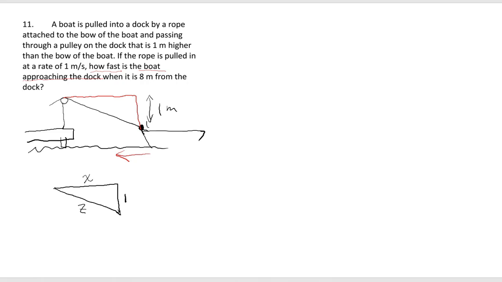All right. Now we have this right triangle, and dz/dt is 1 meter per second, and since z is being decreased, let's write down dz/dt as -1. And the question is being asked like this: what is dx/dt when x is equal to 8? Yeah, when x is 8. So that's the question.